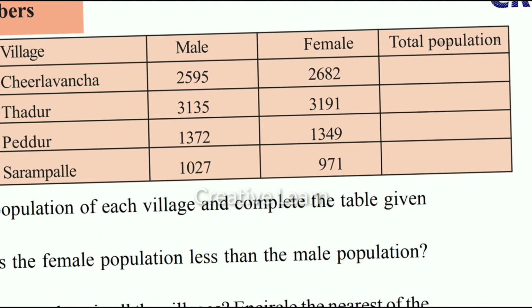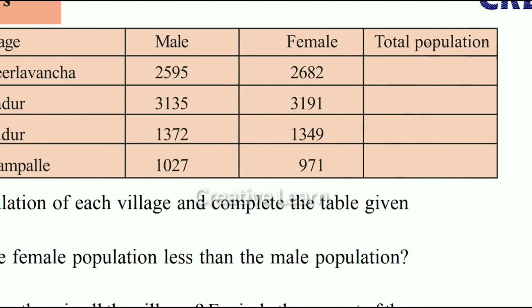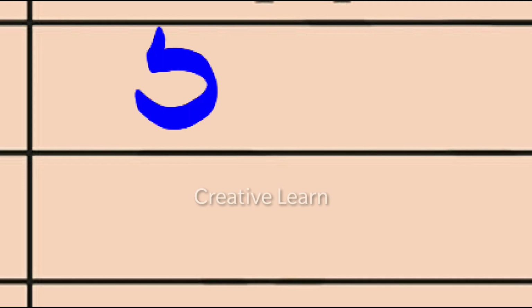First village, Chirlavancha. Chirlavancha male population 2595 and female population 2682. Now we have to write the total population. We already did all this. I'm just rewriting.